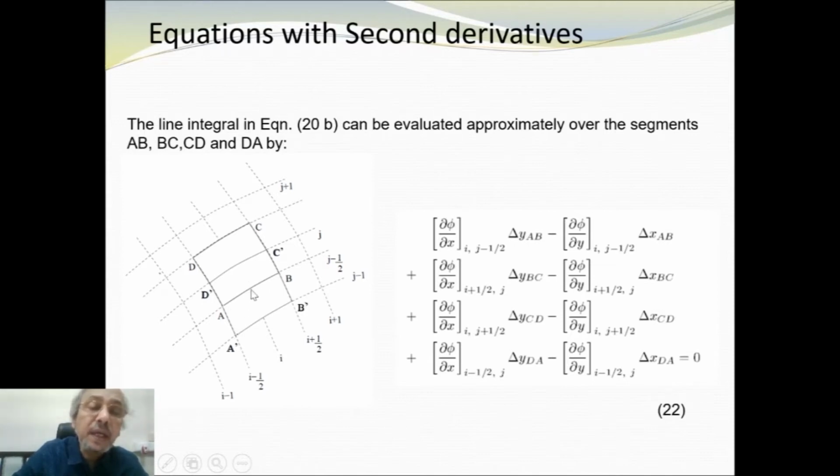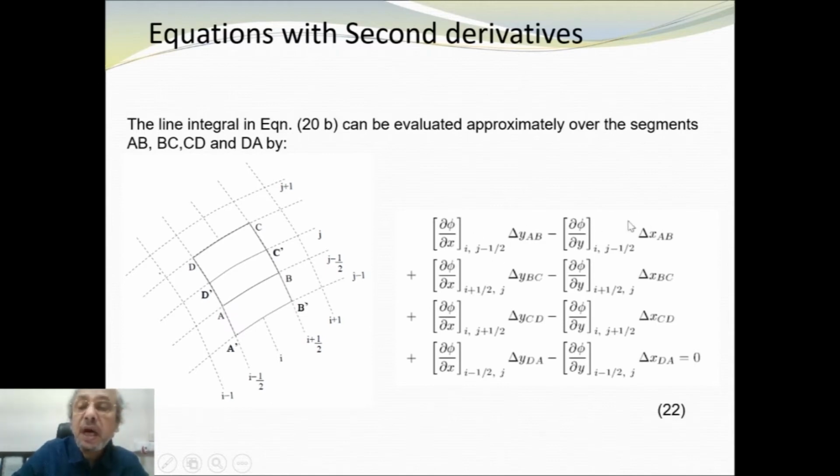So del phi del x at i, j minus half into delta y AB, that means the vertical distance between A and B, minus del phi del y at the same point into delta x AB. Delta x AB means the horizontal distance between A and B.